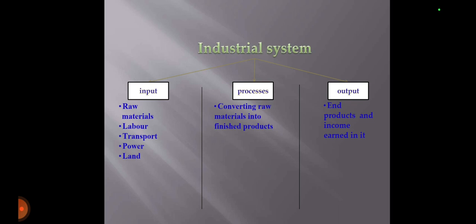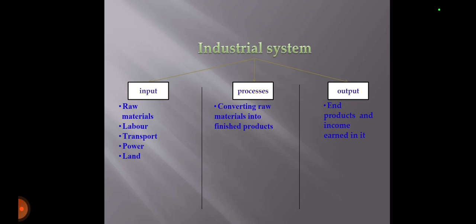Industrial system: input, process and output. At first, input, for example raw material, labor, transport, power, land. Process: converting raw material into finished product.